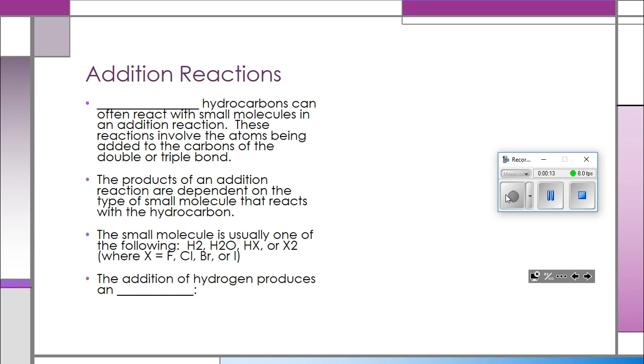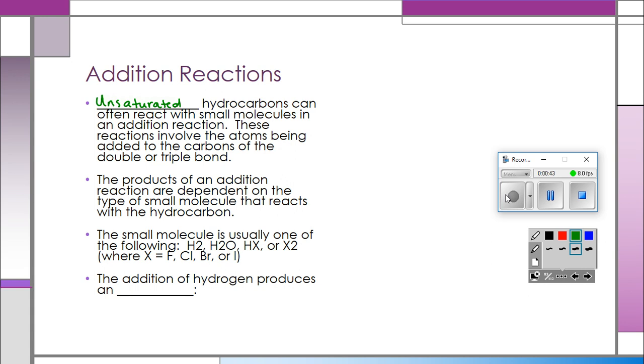But aside from combustion reactions, which realistically were not a big shock because we had talked about those already, we have addition reactions. These are different and new. It's not a type of reaction that you've talked about before. In an addition reaction, any unsaturated hydrocarbon can react with something that is small.